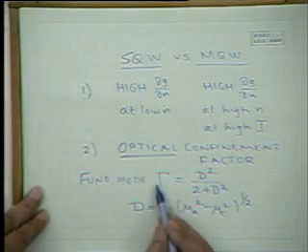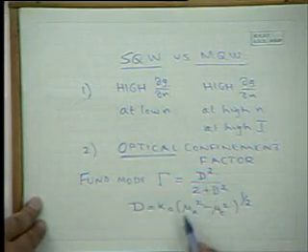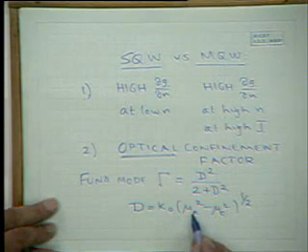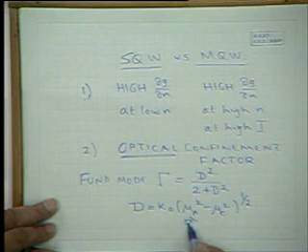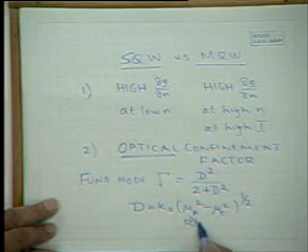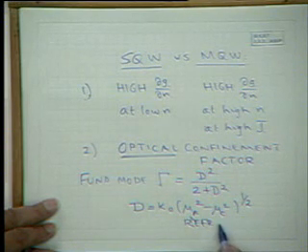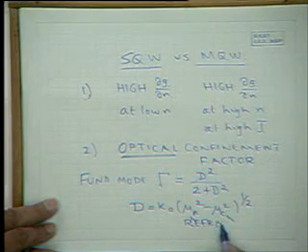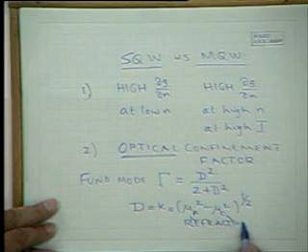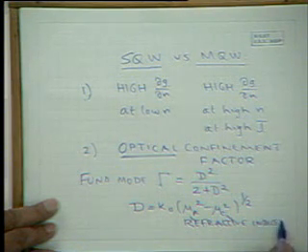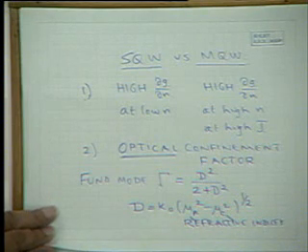The optical confinement factor is given where k0 is 2 pi by lambda, and mu_A and mu_C are the refractive indices in the active and the cladding region. So mu_A is larger than mu_C.